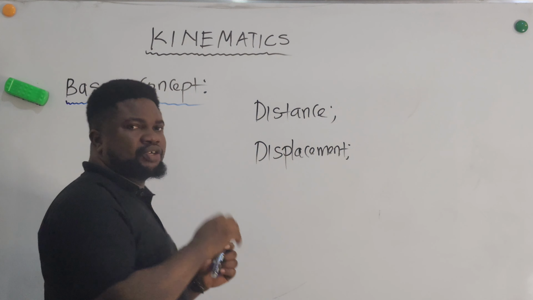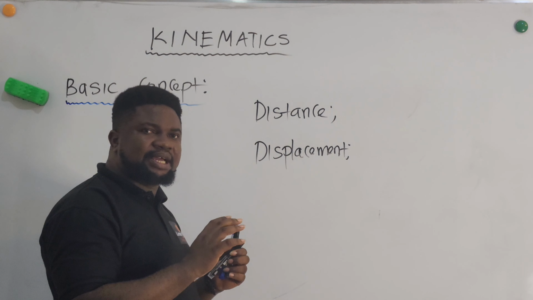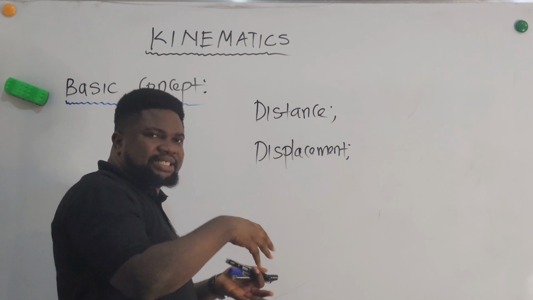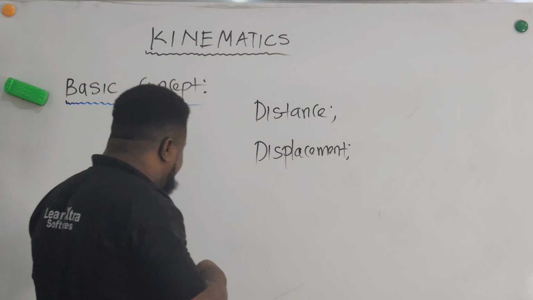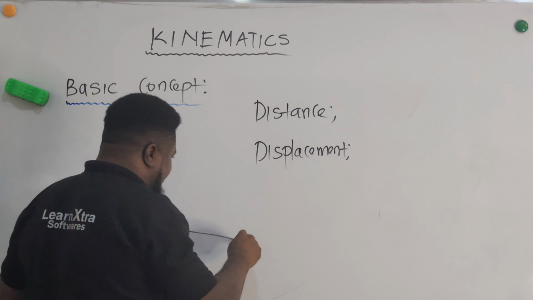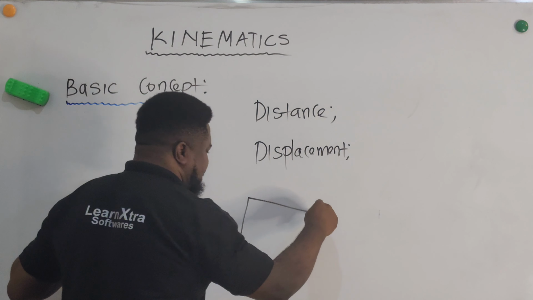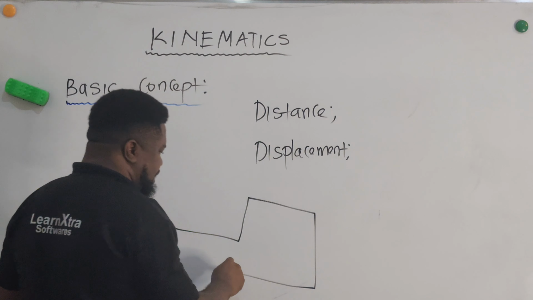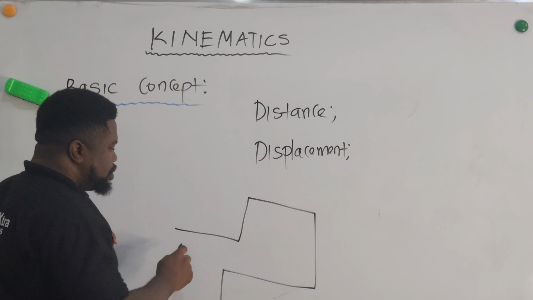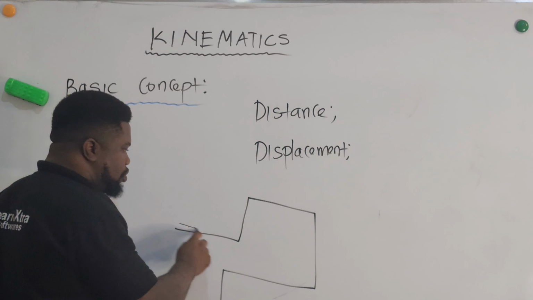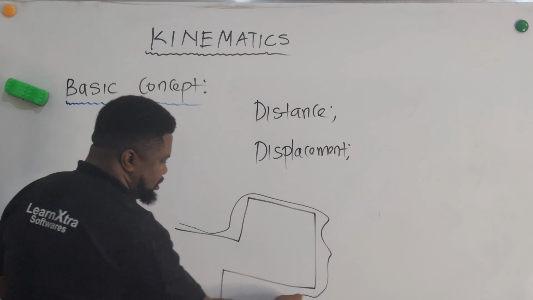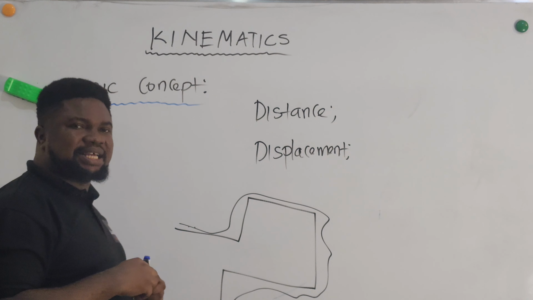In distance, we are only concerned about the total length the object covered. If an object goes from here to here to here, back to here, the total length from all these places, that is my distance.